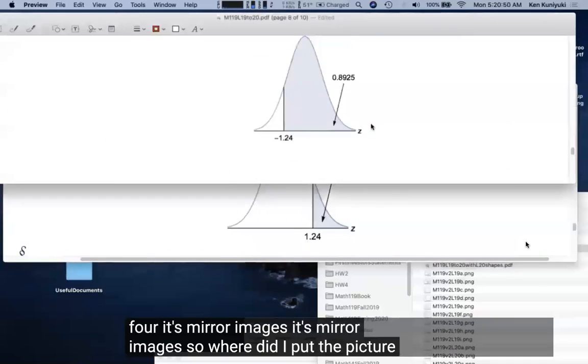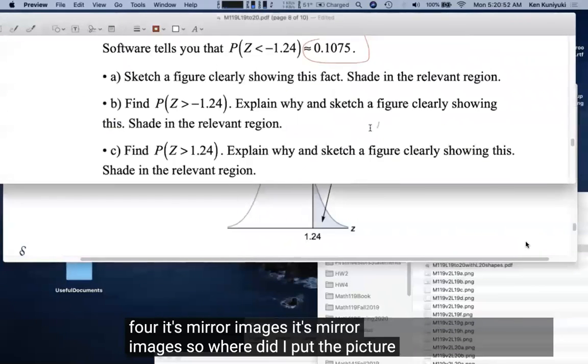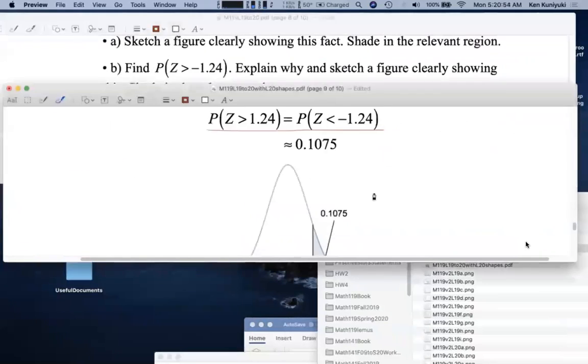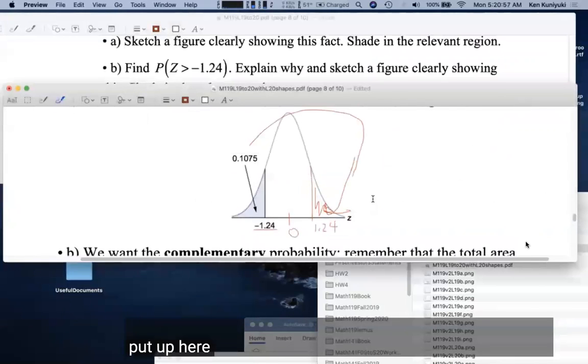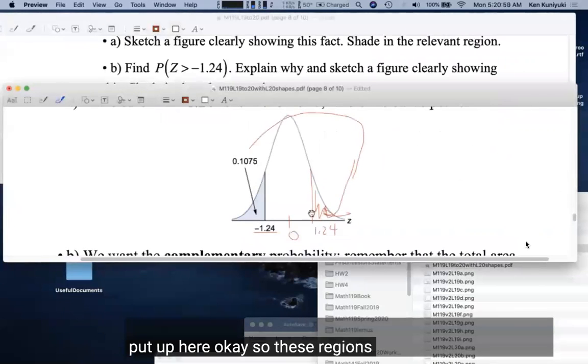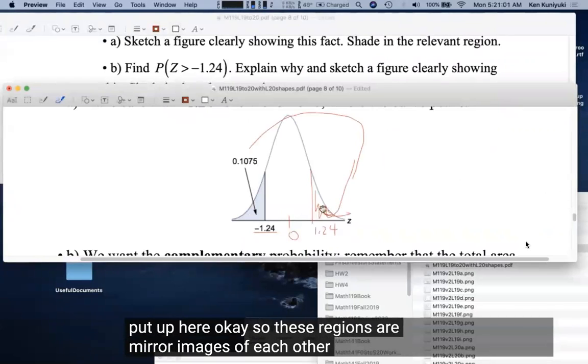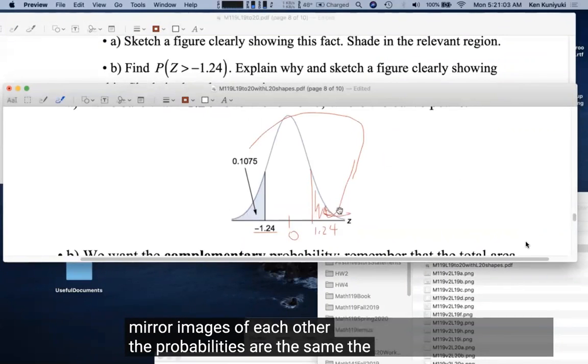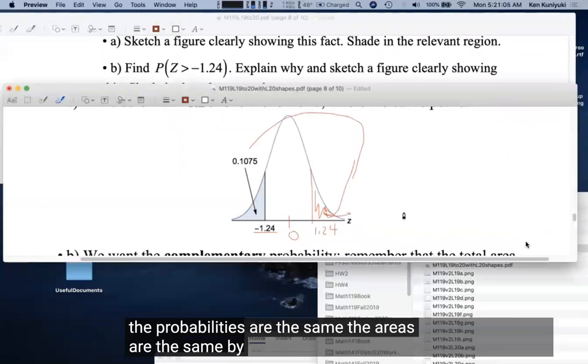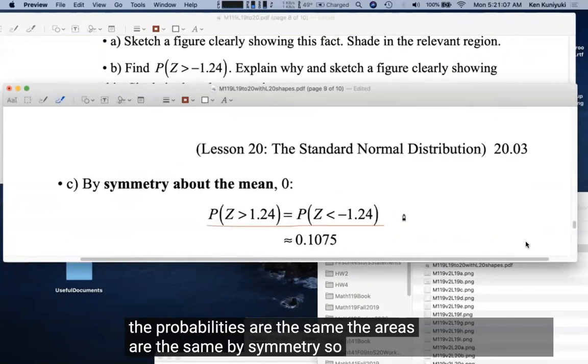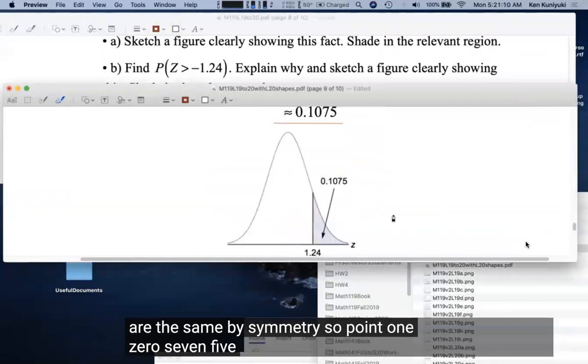So where did I put the picture? Put up here. Okay, so these regions are mirror images of each other. The probabilities are the same. The areas are the same by symmetry. So 0.1075.